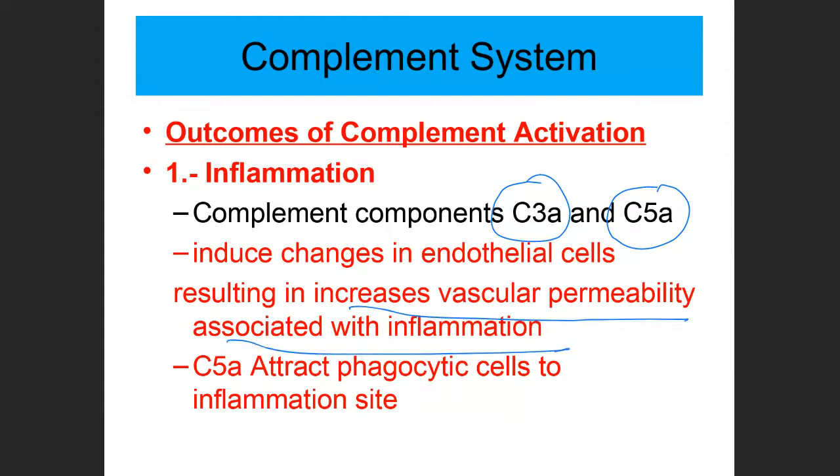In these instances, the blood vessels become leaky because of C5a and C3a action, not C3b. The increased leakiness, or permeability, of the blood vessels is partly one of the signs and symptoms of inflammation.